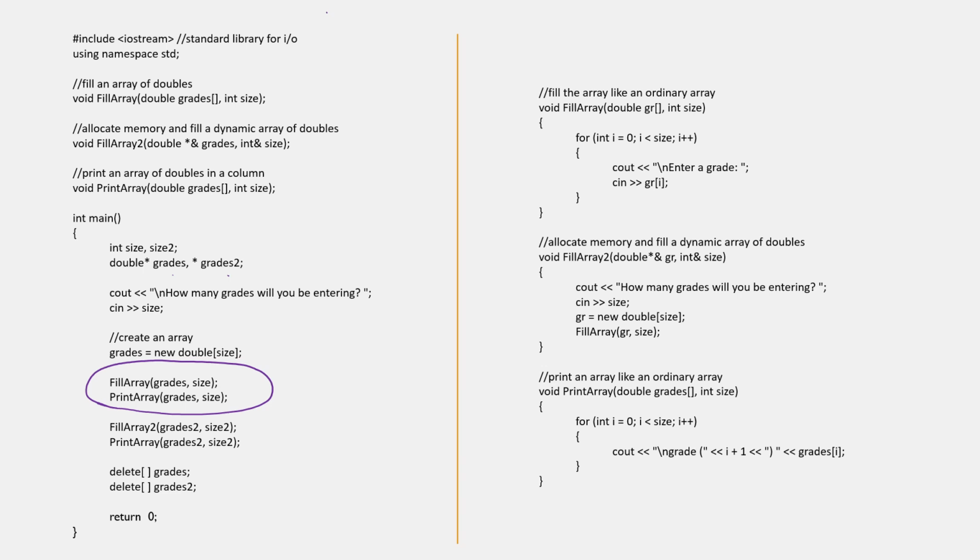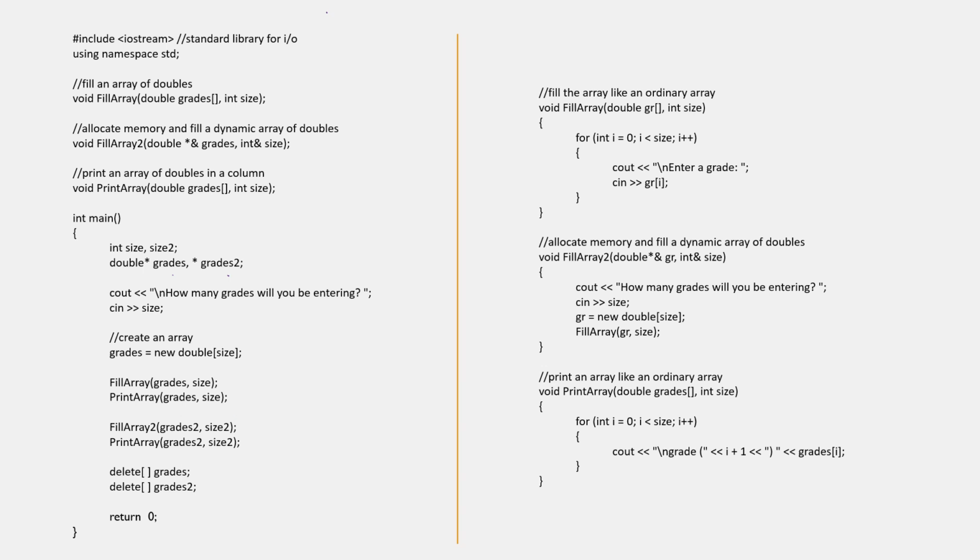You're getting the size, and you're going to allocate the memory before you pass it to the function. The second way is that you're going to fill the array in the function. So you're going to get the size through a function, and you will see here it has two symbols because it's a pointer to a reference.